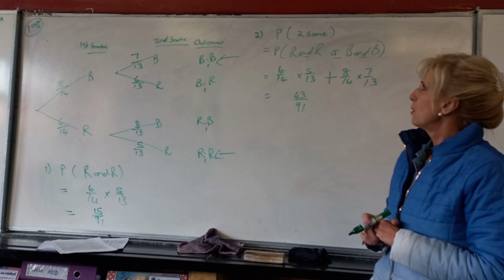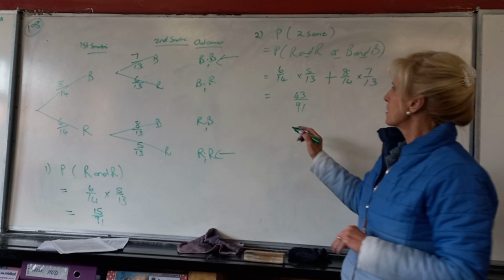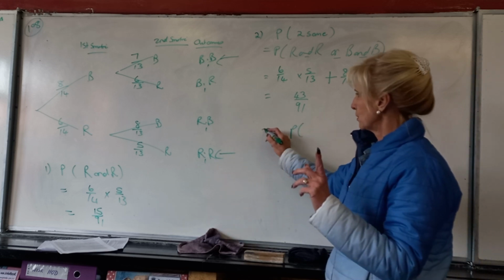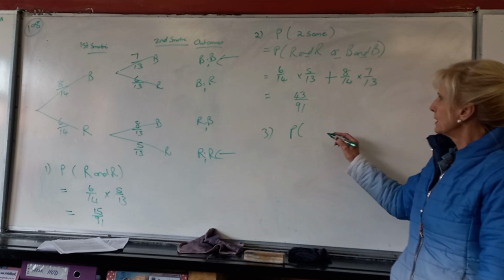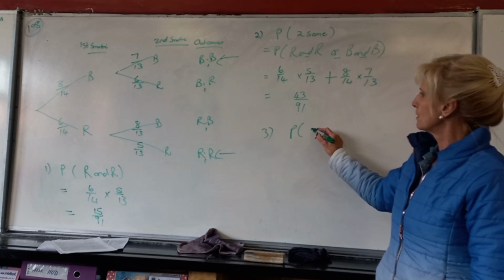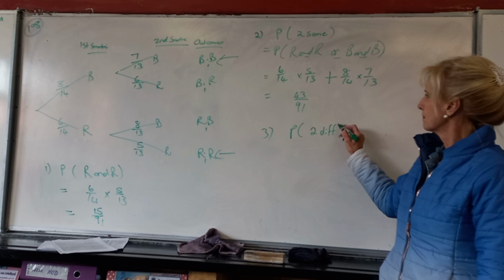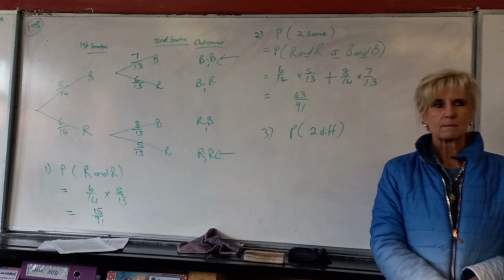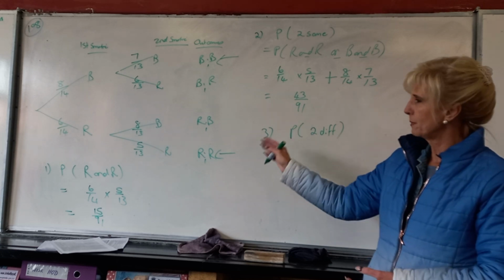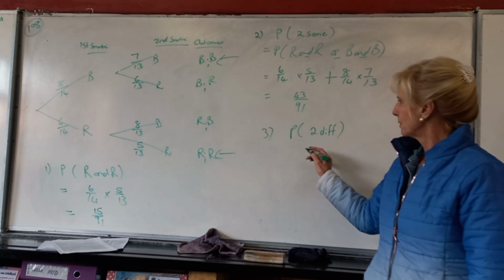Okay. What would be the probability of, that was not the question, I'm adding it, the probability of having two different ones? So that would be the R and B, B and R, right? Yes. But what am I saying here?